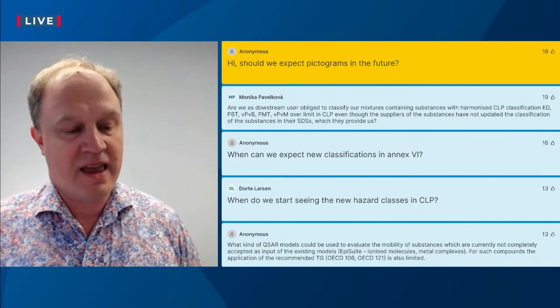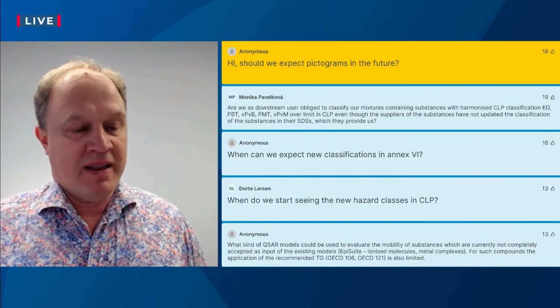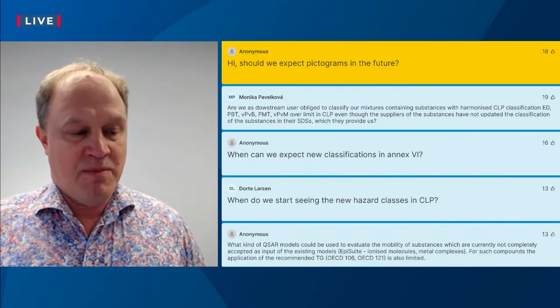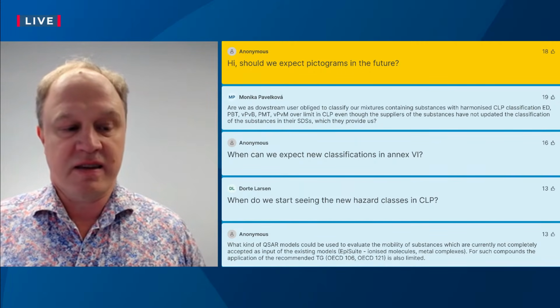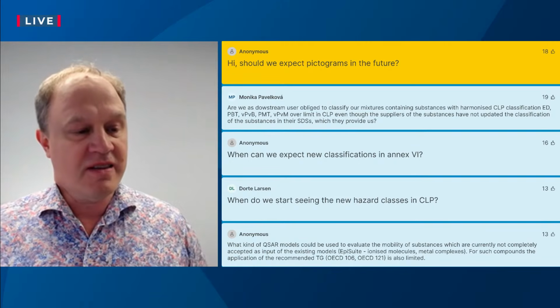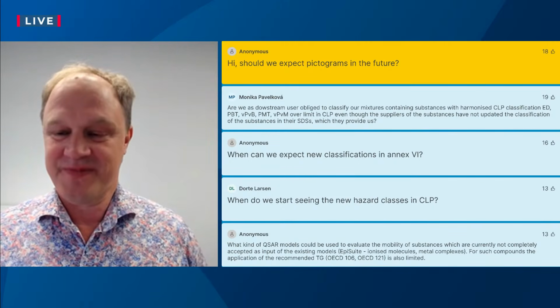And should that be implemented there, there may be a pictogram in the future, and that's about all I can say on this at the moment. Thank you very much.